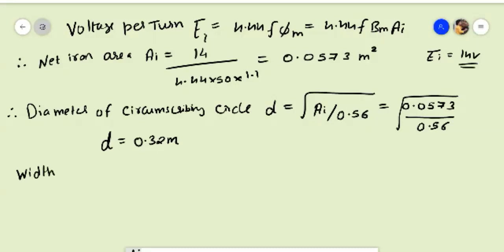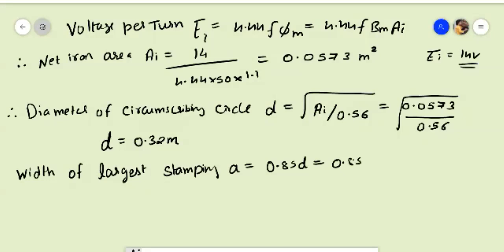So the width of the largest stamping, A, is equal to 0.85 into d, which is equal to 0.85 into 0.32, that is equal to 0.272 meter.